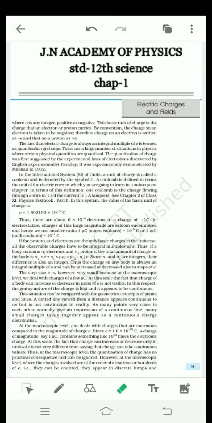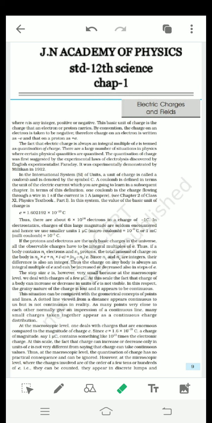Since n1 and n2 are integers, the difference is also an integer. Thus the charge on any body is always an integral multiple of e and can be increased or decreased also in steps of e.